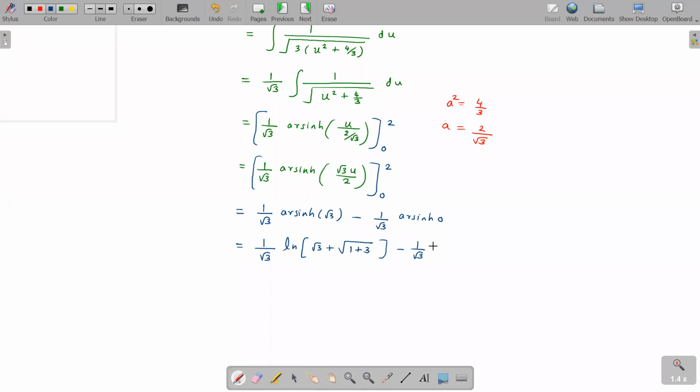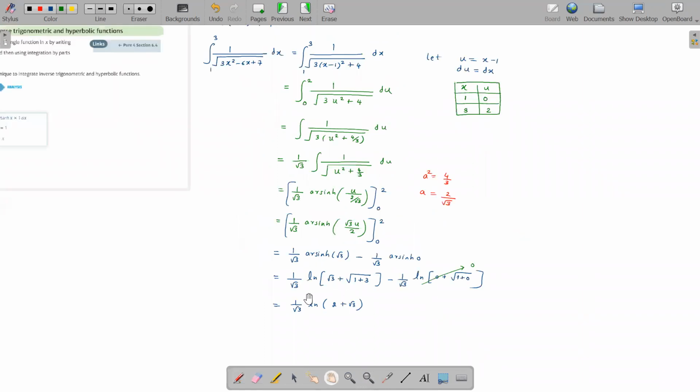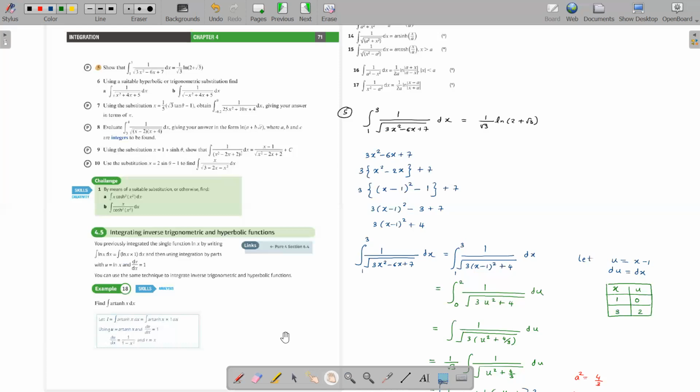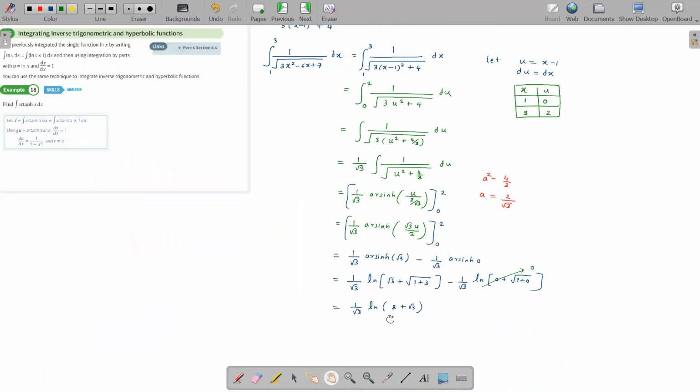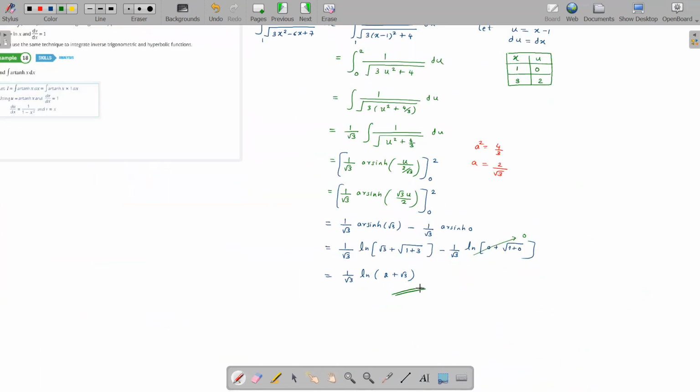Isn't it? You can type it in the calculator and see, or else if you use the ln equation, ln(0 plus root of 1 plus 0), so it's ln 1, which becomes 0. 1 over root 3 ln(root 3 plus root of 4), and root 4 is 2, so 2 plus root 3. This second term becomes totally 0, ln 1 becomes totally 0. So is this the 'show that' result, 1 over root 3 ln(2 plus root 3)? Yes. Okay, so this is the 'show that'.